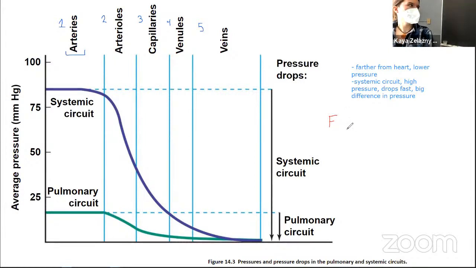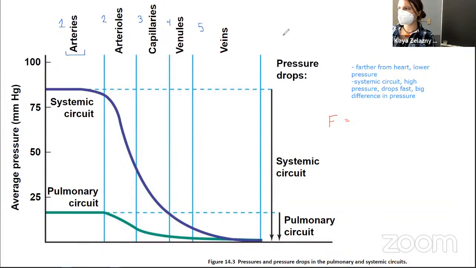So right now, what would happen? Would we expect with just this information for our flow to be the same between the systemic circuit and the pulmonary circuit?